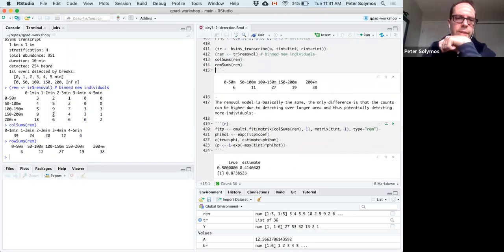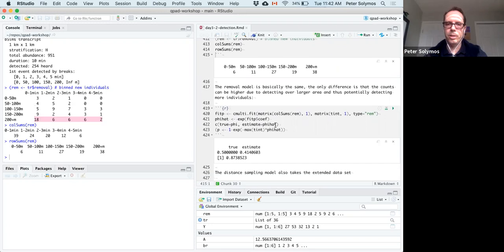So now if you look at it, there's one more row added, 200 meter and beyond. We have still some counts out there because, as we said, this is a really crowded landscape, and we specified tau to be 2, which is just really large compared to the real numbers we usually get for most species. So that's why we get quite a decent number of counts even outside of the 200 meter.